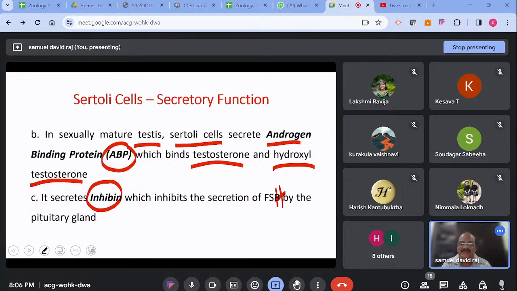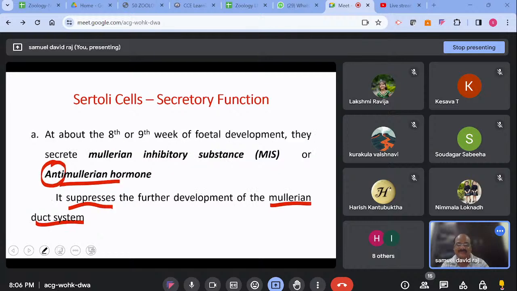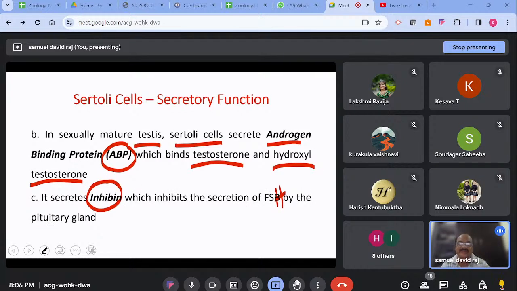Sertoli cells thus secrete three hormones or substances. One is anti-Mullerian hormone, which suppresses the development of the Mullerian system so that only the male reproductive system develops. It secretes androgen binding protein, which binds to the male sex hormones. And it also secretes inhibin, which inhibits the secretion of follicle stimulating hormone by the pituitary gland.